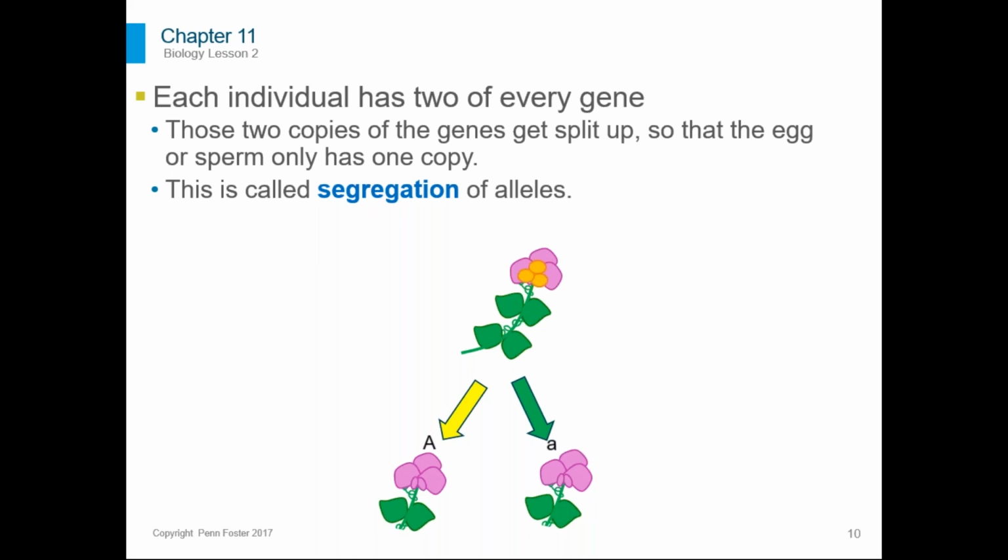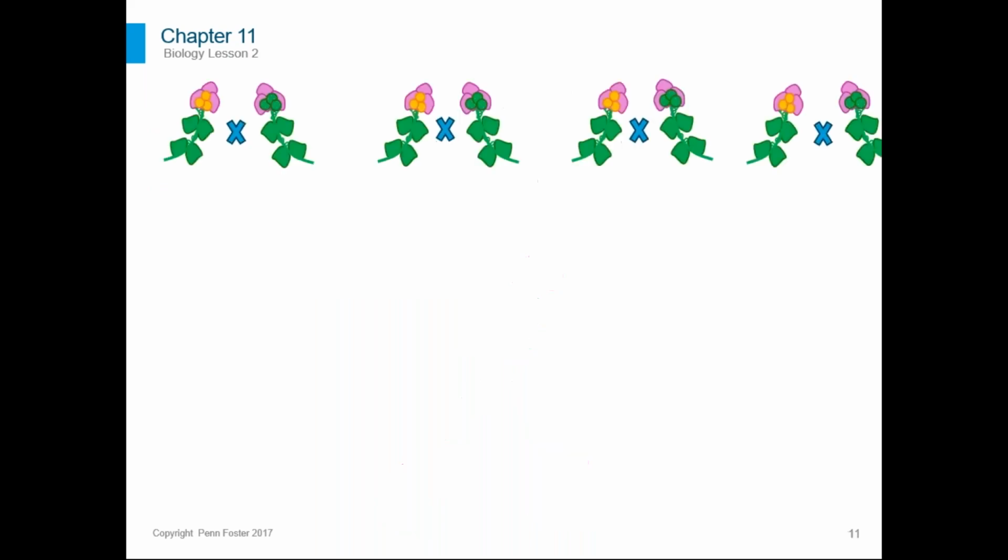So that would be kind of crazy after a while. So what happens is they split up in those reproductive cells. And that splitting up is called segregation. So when we're talking about 2 copies of the same gene splitting up, the answer is segregation.